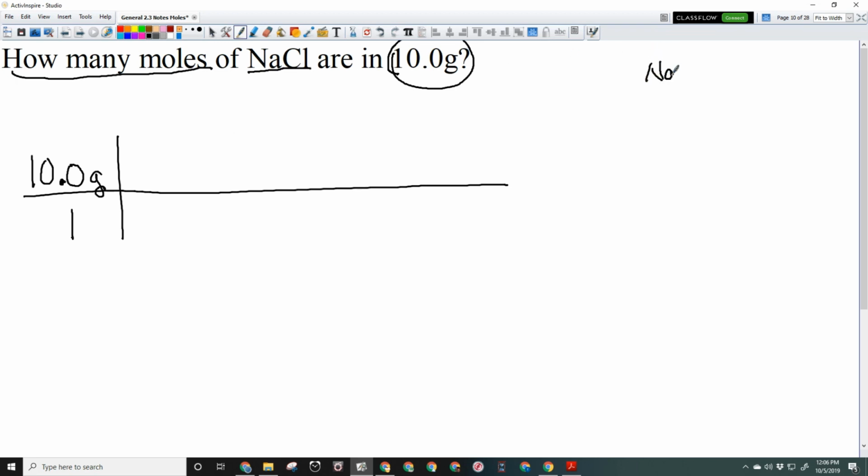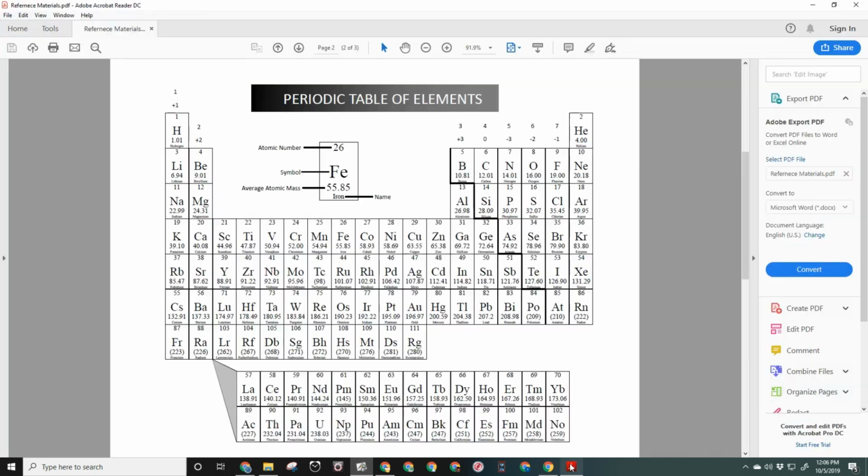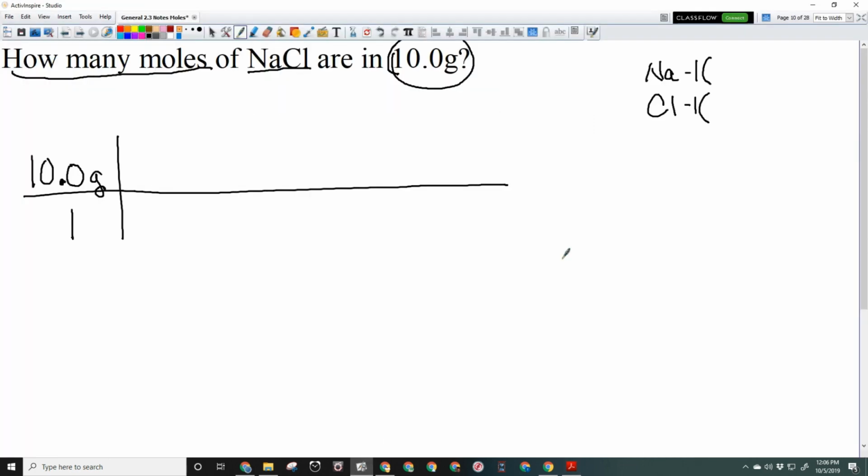We have one Na, and we have one chlorine. What is the mass of sodium? It's 22.99 grams per mole.